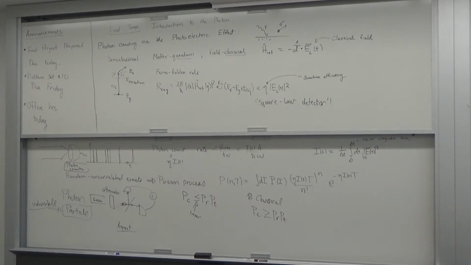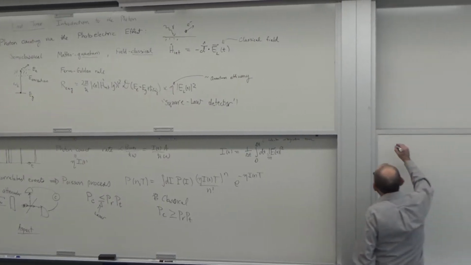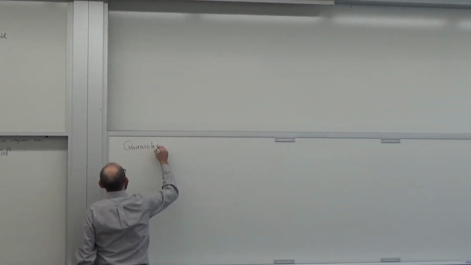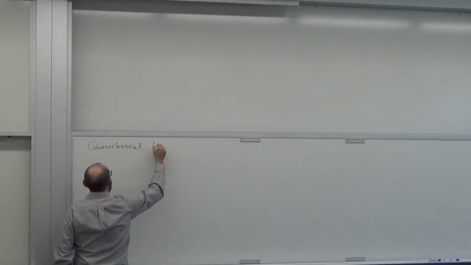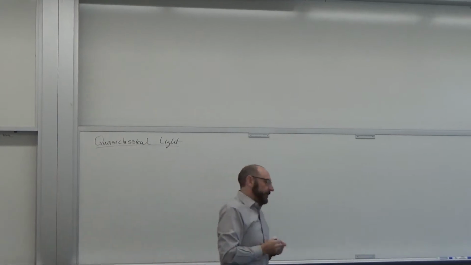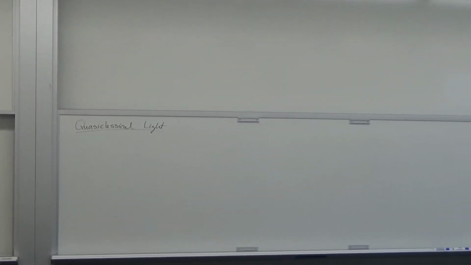All right. So we want to talk about what we call quasi-classical light. Now, why quasi? Well, there's still quantum mechanics, and we still have to obey the rules of quantum theory.